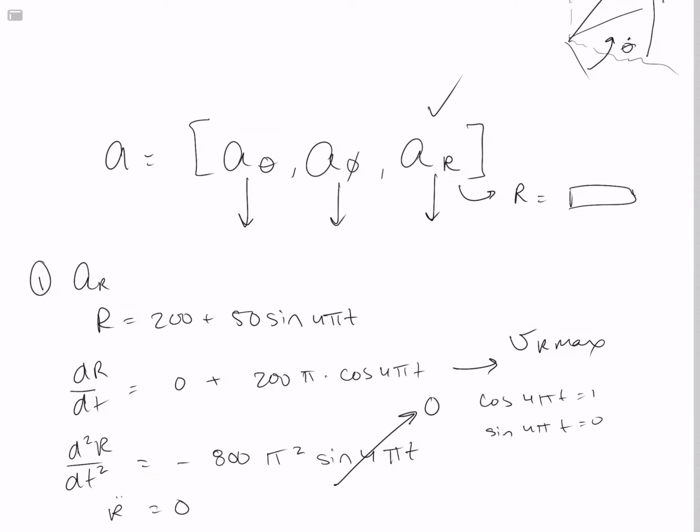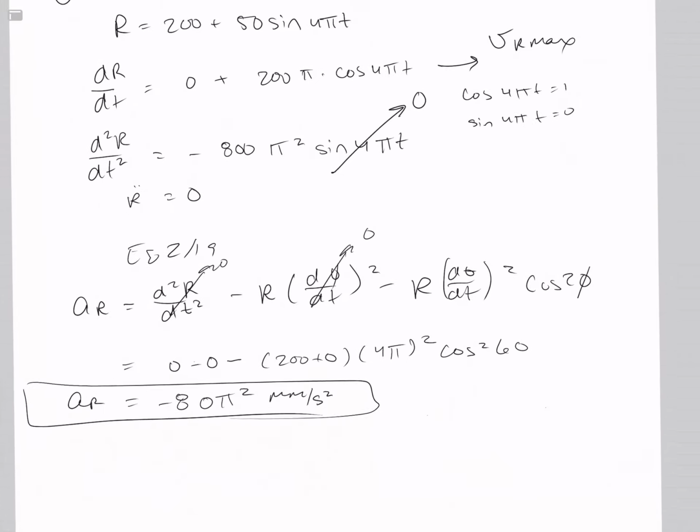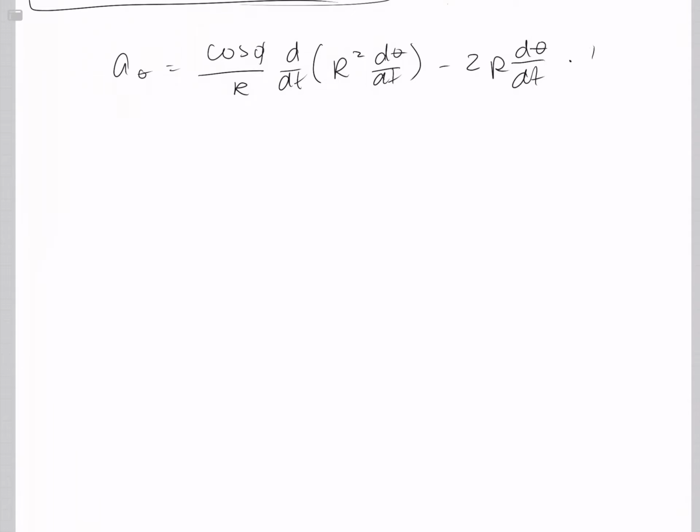Let's move on to a theta. The equation for a theta is cosine of phi over r times d dt of r squared d theta dt, minus 2r d theta dt times d phi over dt sine of phi. Well, that equals 0 because phi dot equals 0. So this is much simpler.